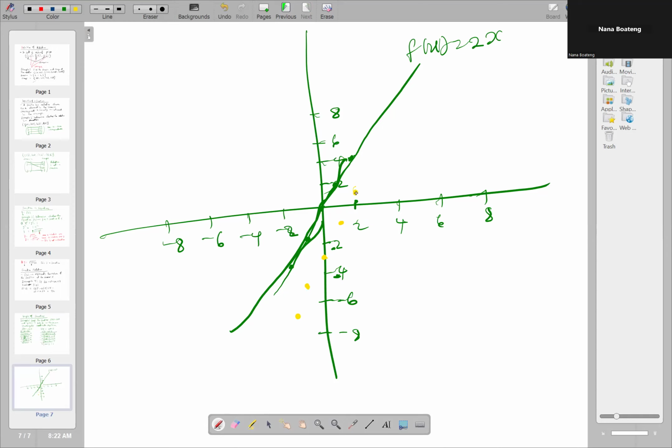So the graph of g of x is also another straight line. This is the graph of g of x is equal to 2x minus 3.